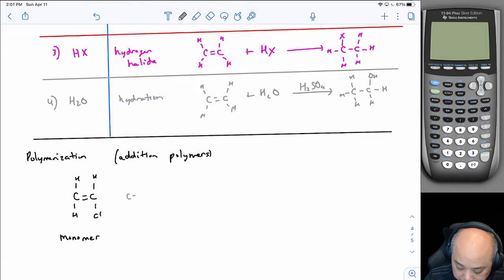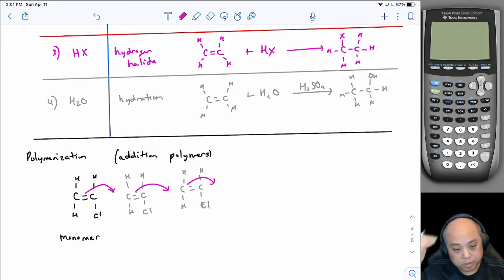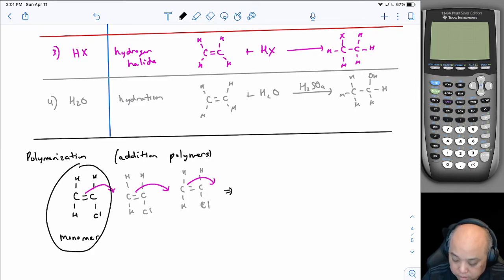And what happens is when those monomers bunch up under high pressure and high heat, this double bond creates bonds between all the monomers and creates this long chain of repeating units throughout this entire thing. So that's our monomer here, and that will make our polymer.